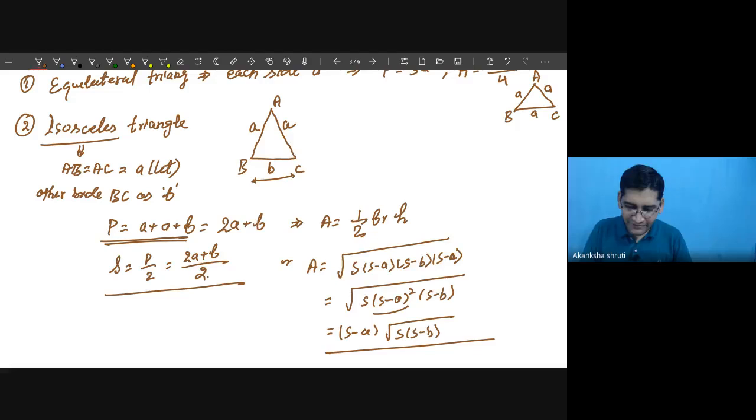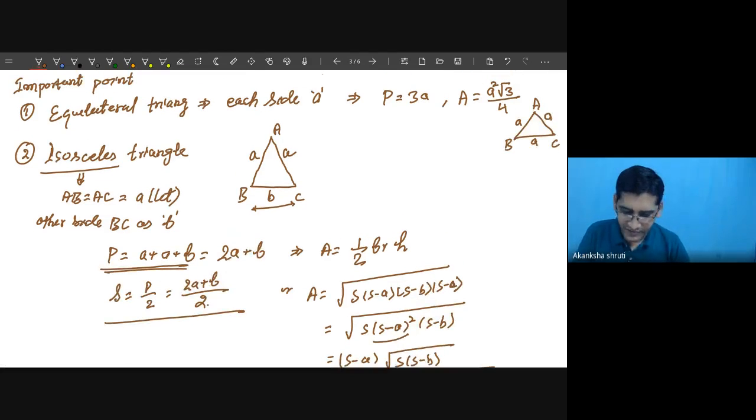I have explained how to proceed if it is an isosceles triangle. If it is a scalene triangle with no relation, then don't worry. Apply either Heron's formula or the basic formula, half into base into height. Okay. So these are the things that we need to keep in mind.